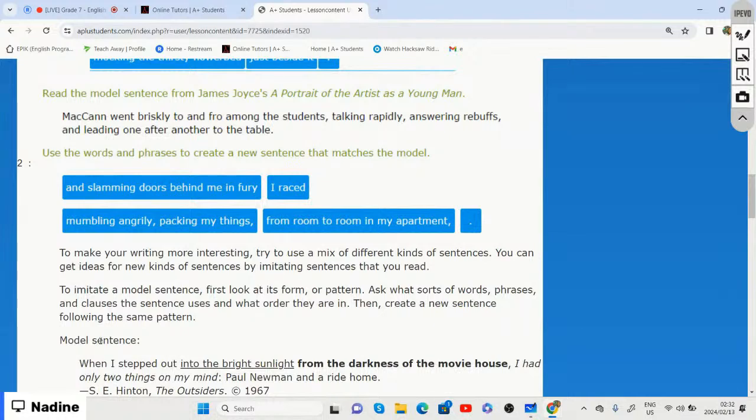And if we look at the next sentence, the new sentence that we need to jumble up in order to get the completed sentence, we're going to start with I raced. So I can say I raced from room to room in my apartment, mumbling angrily and packing my things, and then slamming doors behind me in fury.